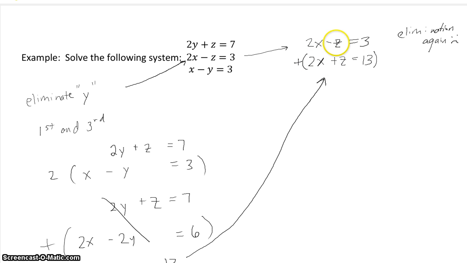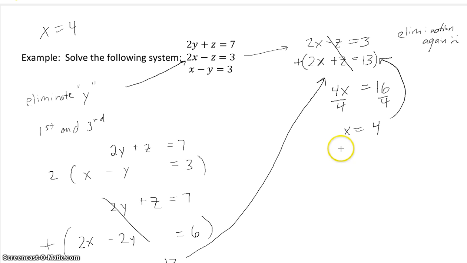So I add these two things together, these cancel out. So I'm left with 4x equals 16, divided by 4, I'm left with x equals 4. So I'm going to just write this up here for now. So the question is, now what do I do? Well, I'm going to pick 4 and plug it into one of these two equations. Doesn't matter which one. I could even pick one of these, but I'm going to pick the top one.